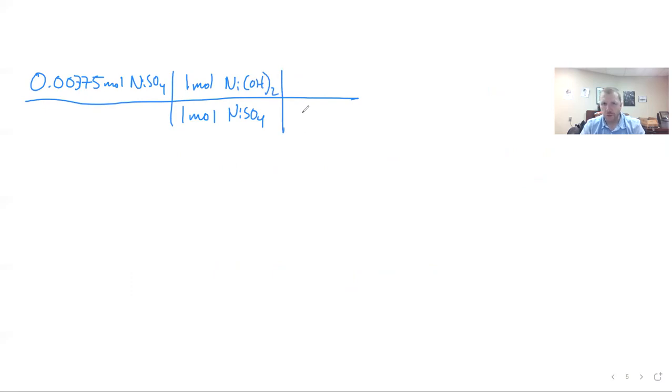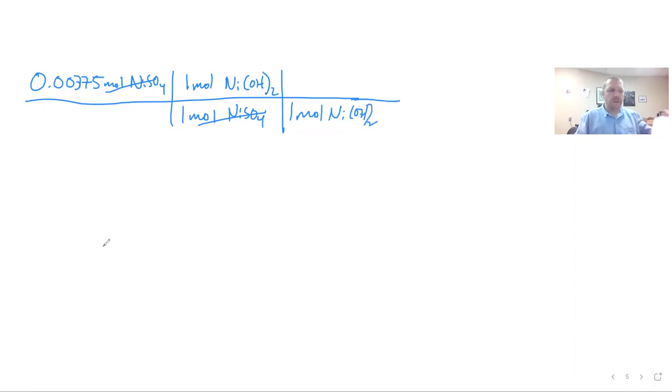Now, to answer this question, what I'm looking for is my molar mass of nickel hydroxide. And you can get that from the periodic table. As I proceed through my dimensional analysis, my moles of nickel sulfate will cancel. I'm left with my moles of nickel hydroxide, so I'm going to put that on the bottom, Ni(OH)2.